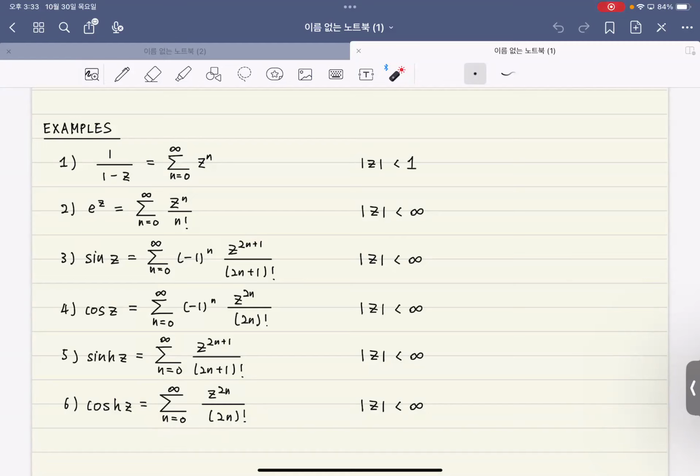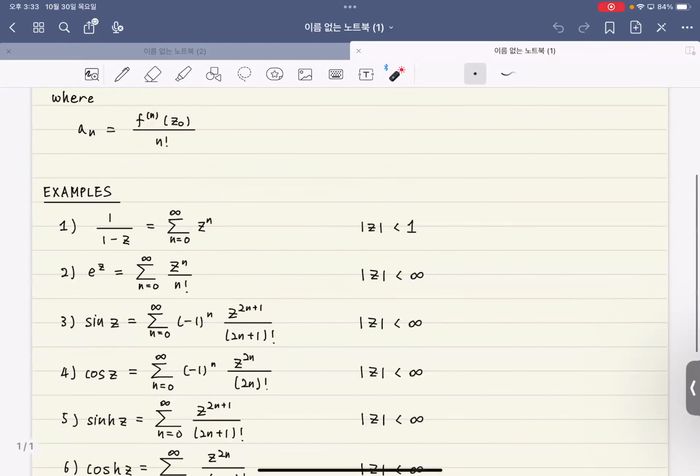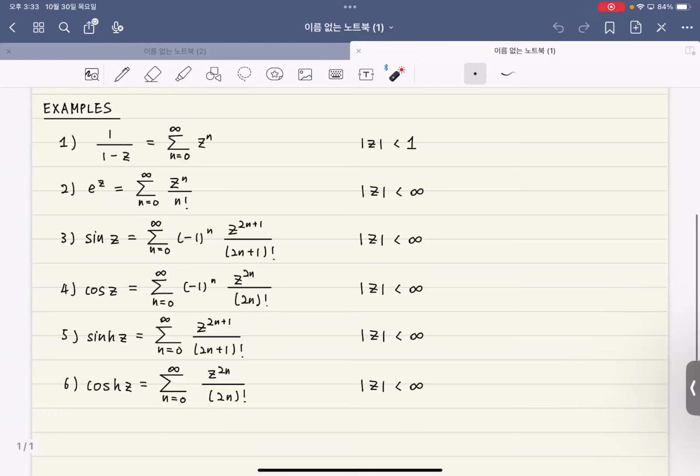For all these functions the radii of convergence are infinite, so these power series converge for all complex numbers. How do I know that? Because of this formula. If you cannot trust me, try taking the derivatives of these functions and evaluating the nth derivative at the origin, and you can easily get these formulas. Let me take this for granted.